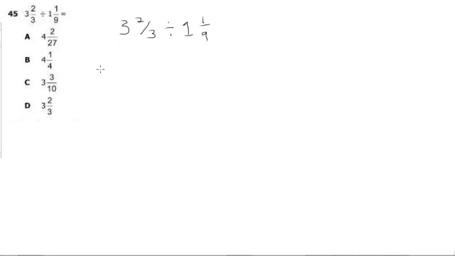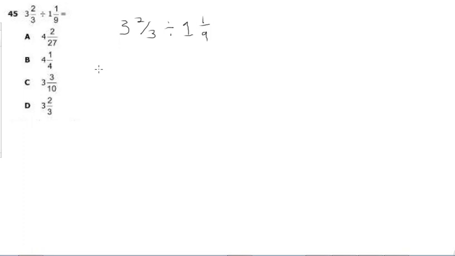You can pause the video and try working this out on your own. If you remember what we did when we were looking at division of fractions that were mixed fractions, the first thing you do is convert the mixed fractions to improper fractions. Do you remember how to do that?